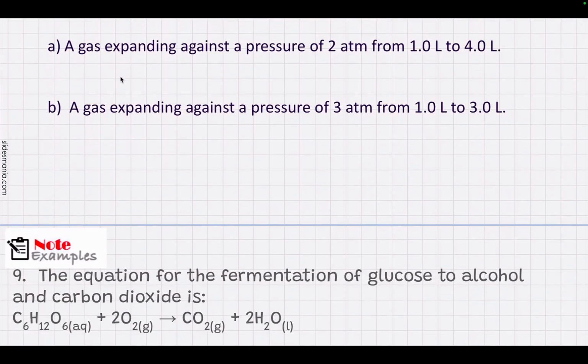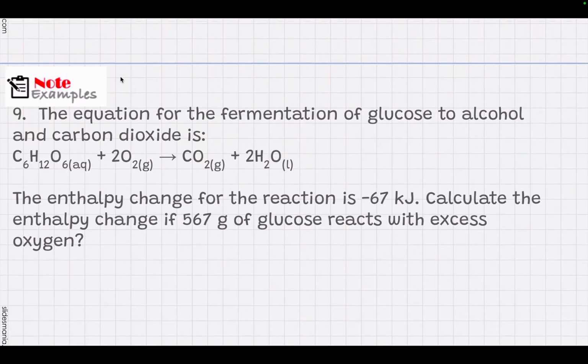One more problem. This is just kind of review, but I wanted to show you one. So if we know the enthalpy change for a particular reaction, this one is delta H is negative 67 kilojoules for every 1 mole of glucose that is turned into... the fermentation of glucose to alcohol.